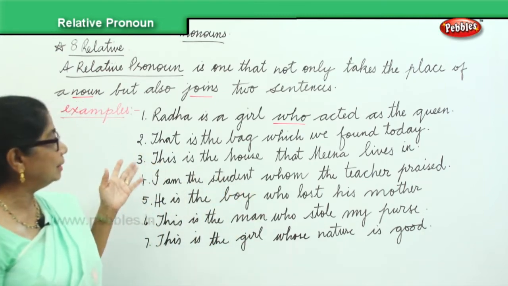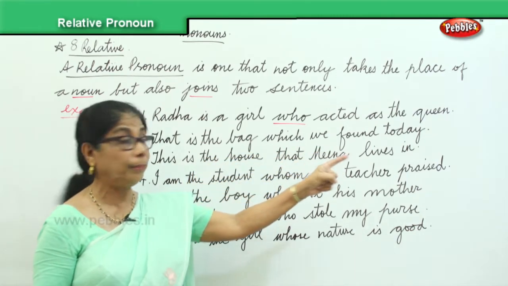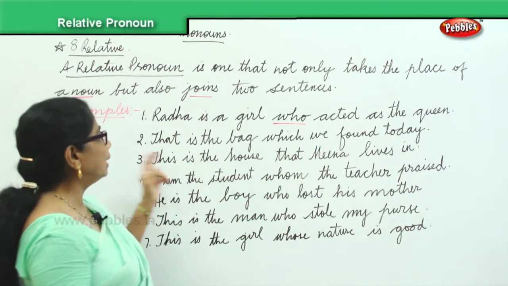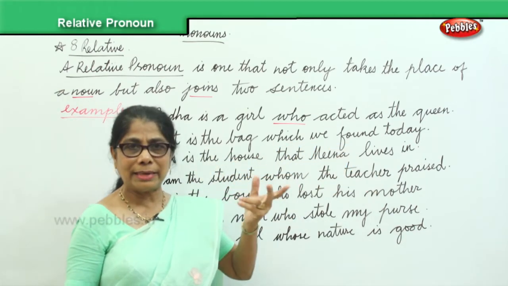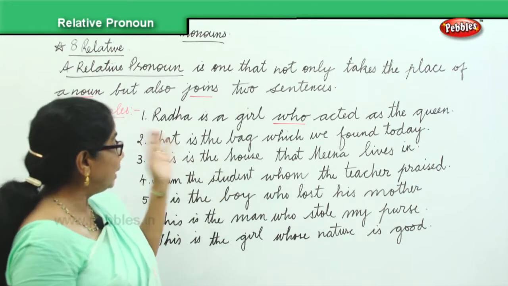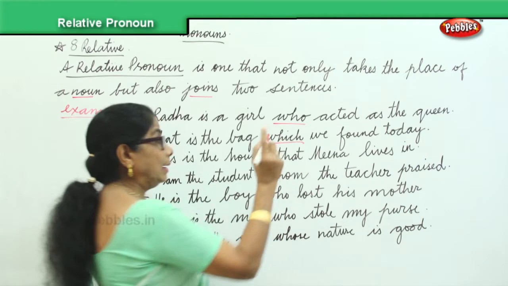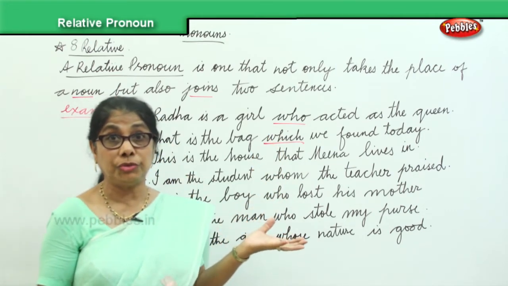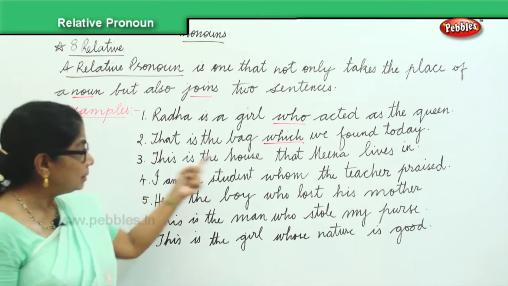In the second sentence, that is the bag. That is the bag we found today. Two sentences. Instead of that, we use which. That is the bag which we found today. And the third sentence, this is the house.